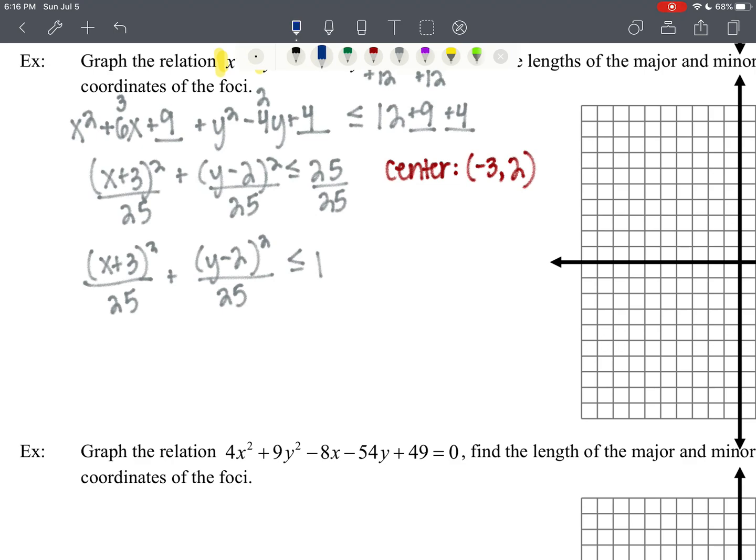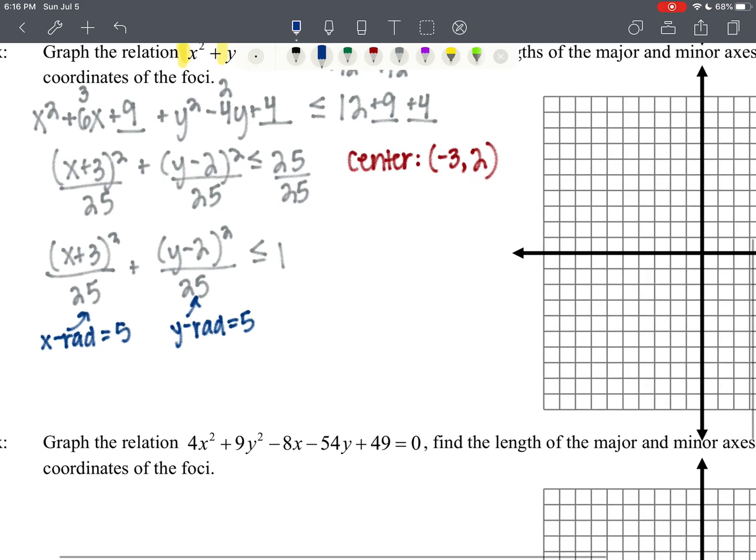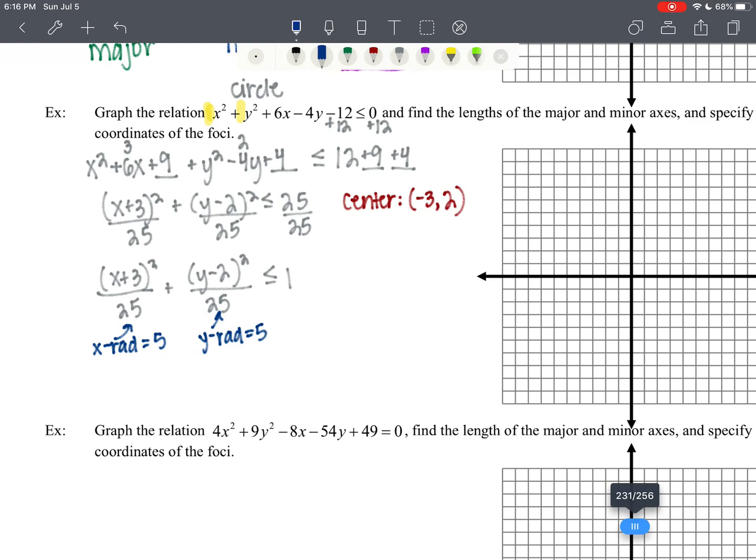And we can see here that our x radius is equal to 5. Our y radius is equal to 5. Both our major and our minor axes are equal, so we are going to have a circle, just like we thought. Let's take a look at what the foci is going to look like.